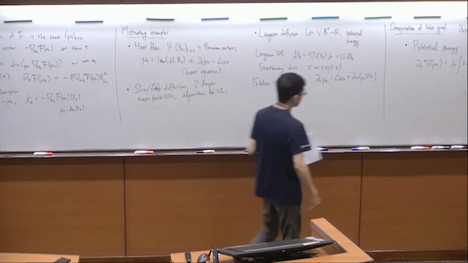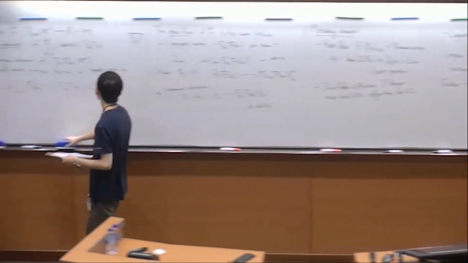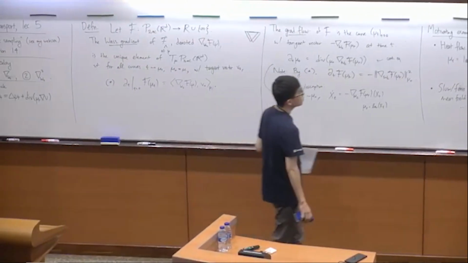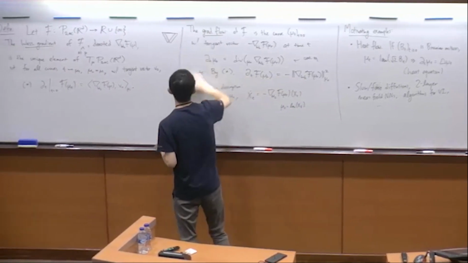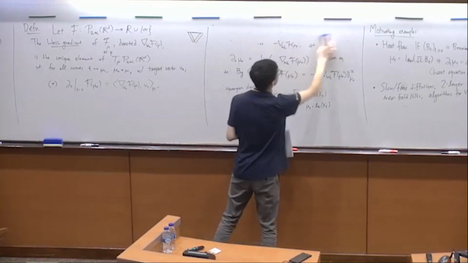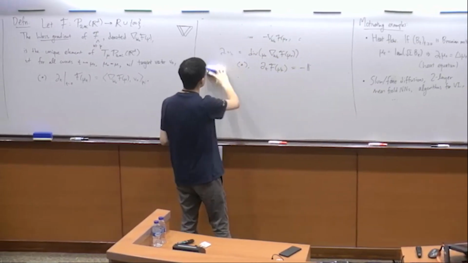All right, so that was easy enough, the easiest example of a Wasserstein gradient. Next, we'll see a more interesting example, which is the entropy functional.